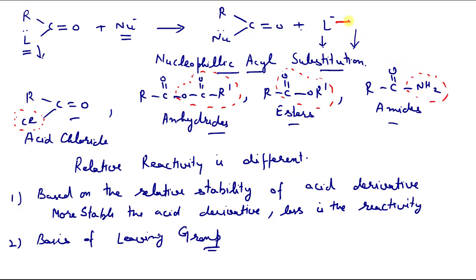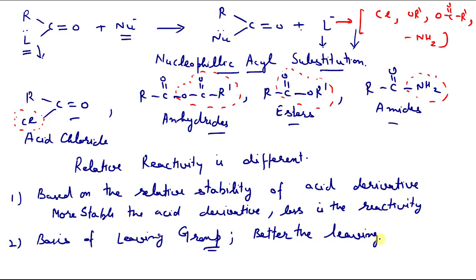This L can be Cl, OR', OCOR', and NH2. Depending upon whether it is a good or poor leaving group, that will decide the reactivity of these carboxylic acid derivatives. Better the leaving group, greater is the reactivity.